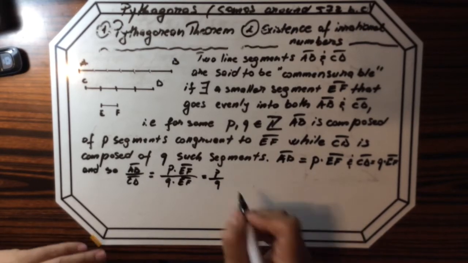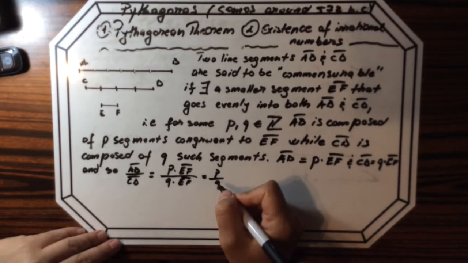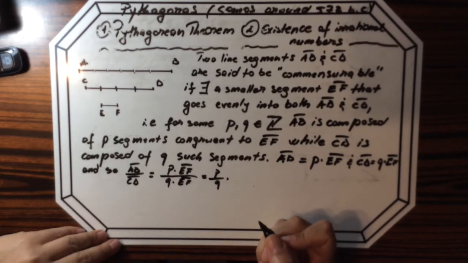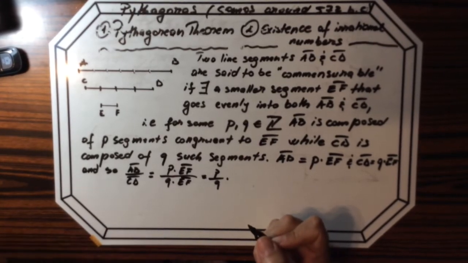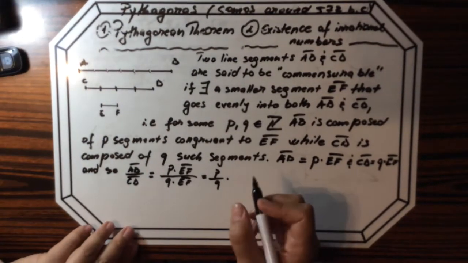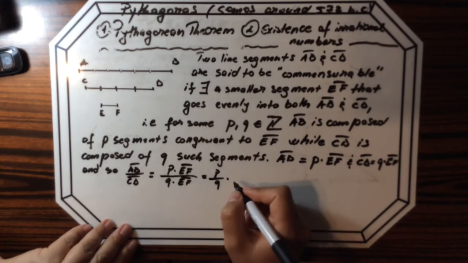And since p over q is the ratio of two positive integers, we say that the length of commensurable segments is a rational number.